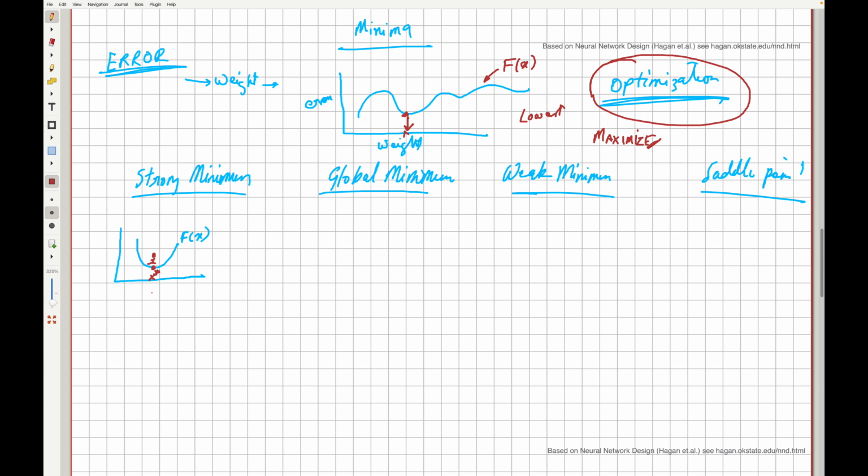That's the lowest possible value for f of x at the point where we are standing, which is x star, and that is called a strong minimum.